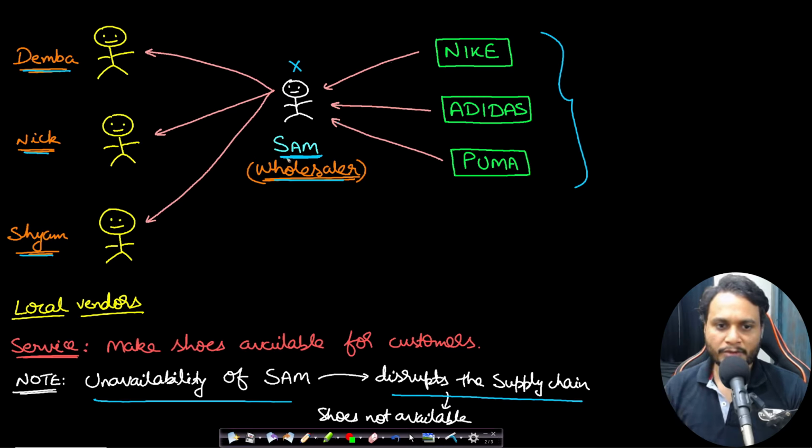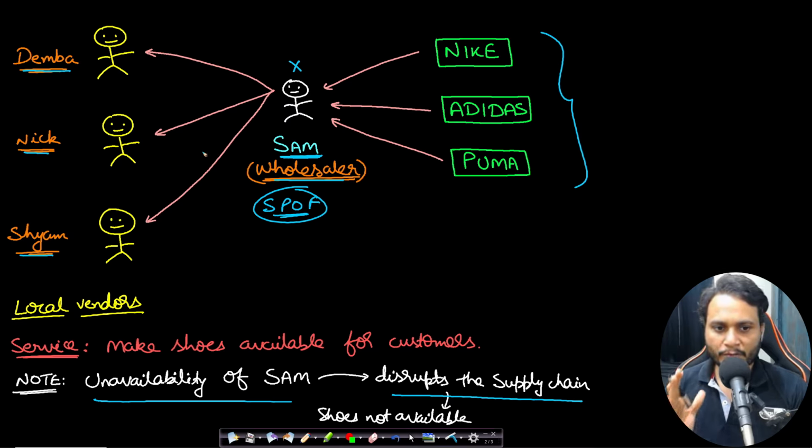So in that case, the most important link in this entire diagram is Sam himself. So Sam will be called a single point of failure, because just by removing Sam from this entire supply chain, your supply gets disrupted, and shoes will not be available to the end user.